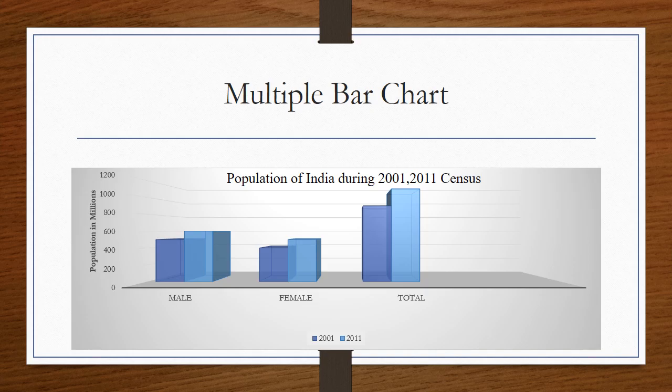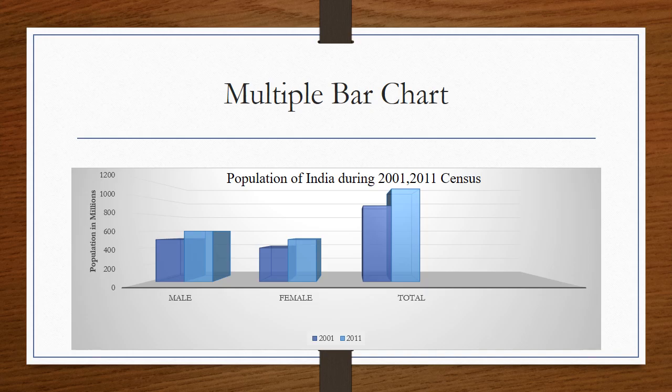In 2001 the dark blue color is there, and for 2011 we are giving the light blue color. So the blue colors are there to differentiate 2001 and 2011. So here the two years are grouped together.